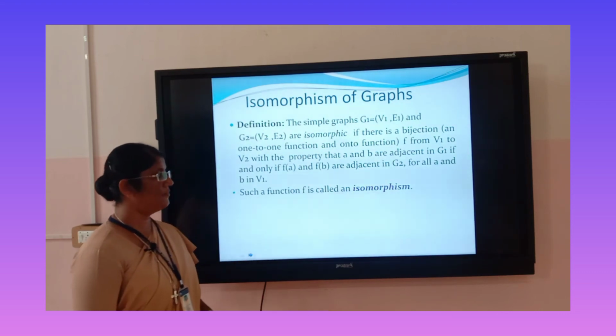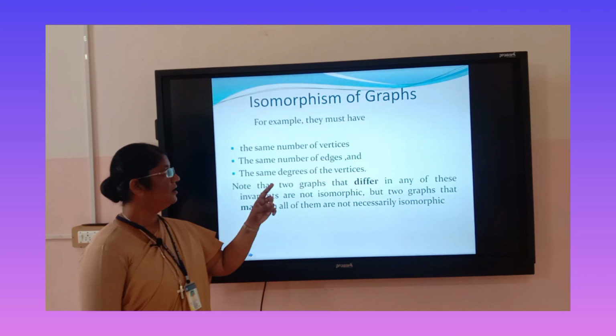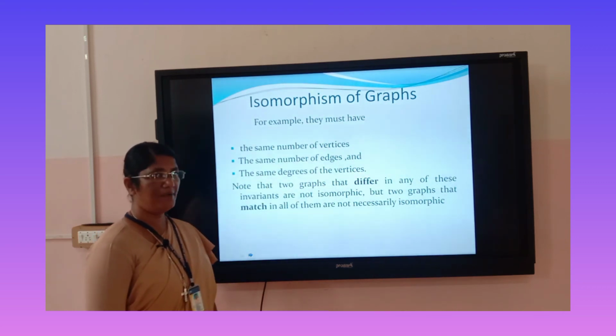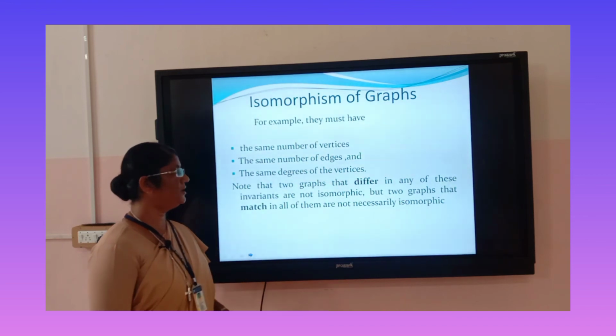Such a function f is called an isomorphism. For example, they must have the same number of vertices, the same number of edges and the same degree of the vertices.